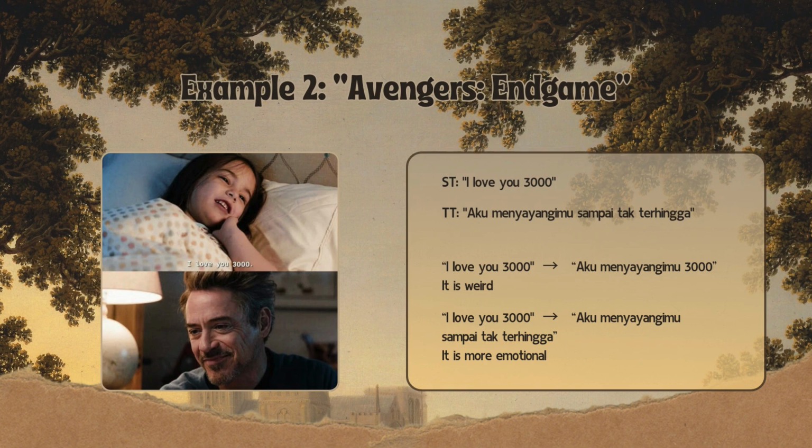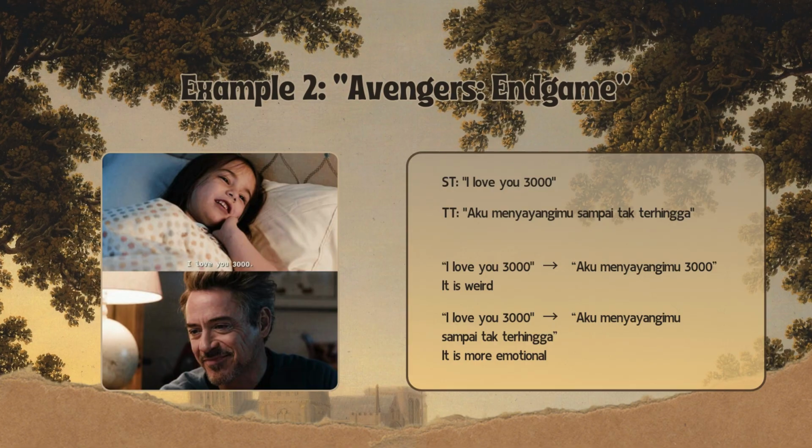But if you translate it to "aku menyayangimu sampai tak terhingga," it feels more emotional. So here I use the free method, where a text will be translated into something more general, not the exact words. And yeah, it feels more emotional. Maybe his daughter used the number 3000 to show affection in a hyperbolic version.